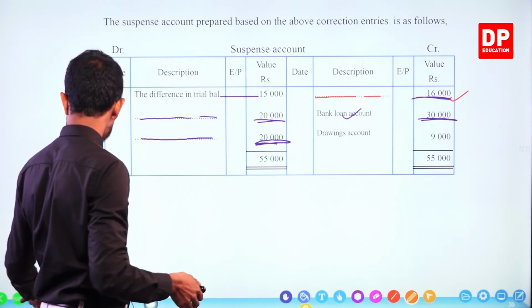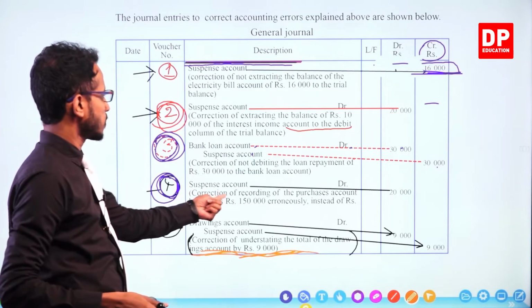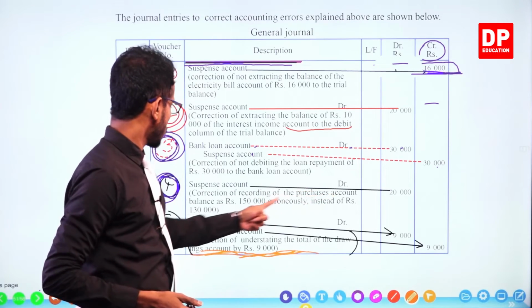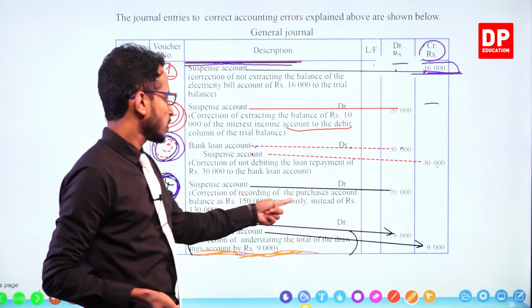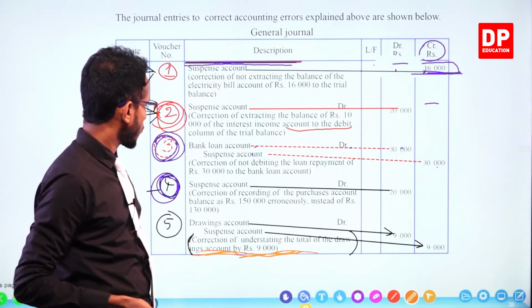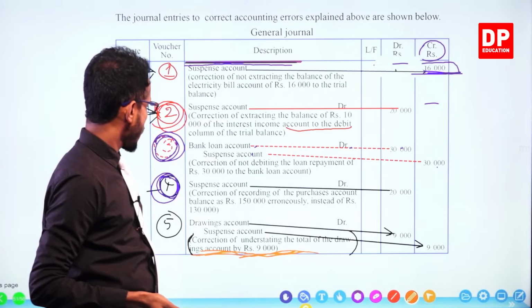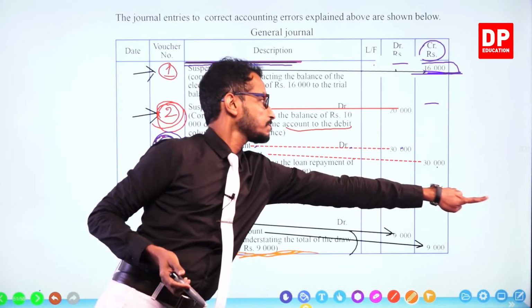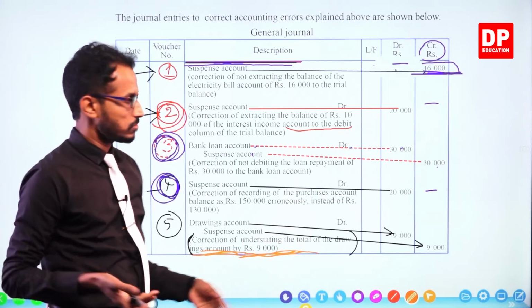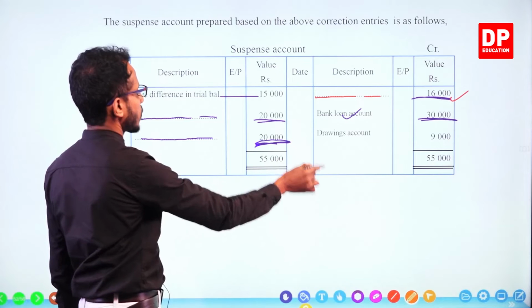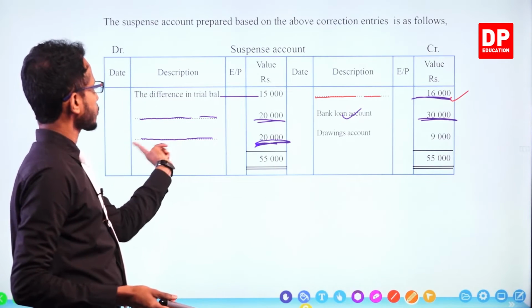Again, that error is also in the trial balance: correction of recording purchase account balance 150 erroneously instead of 130. So the suspense account debit 20,000. No double entry. So you just debit the suspense account 20,000 without a description.